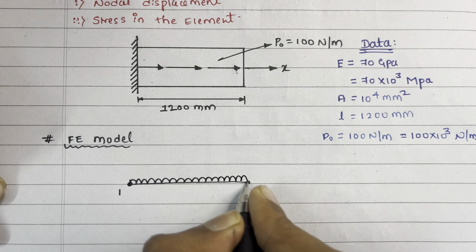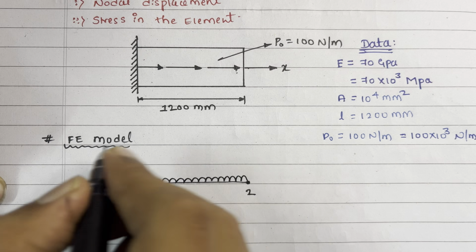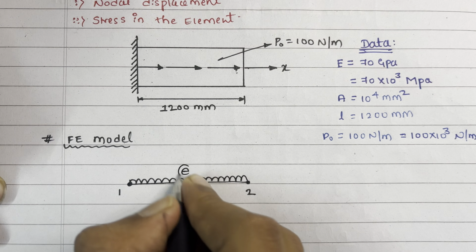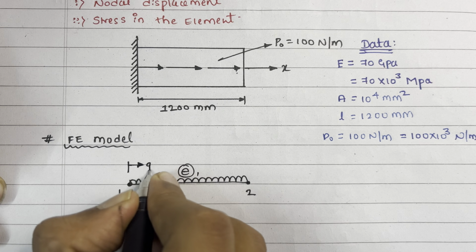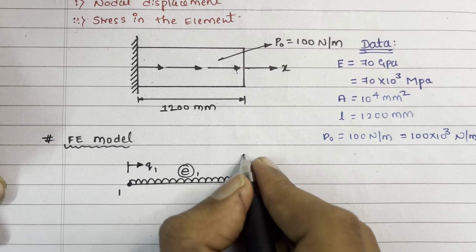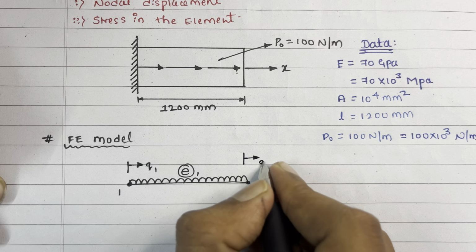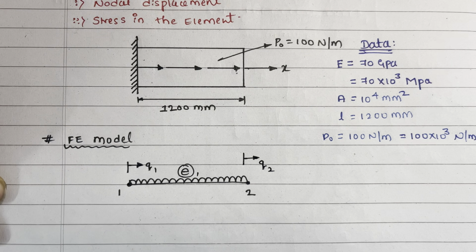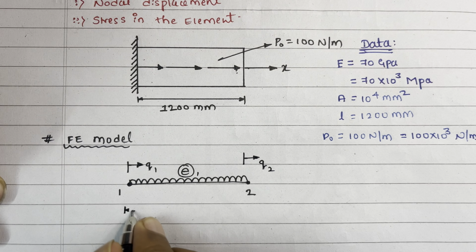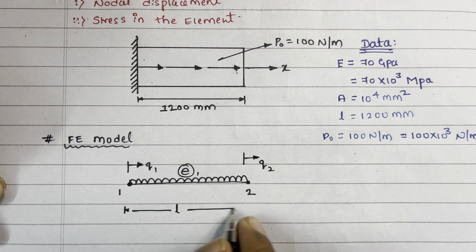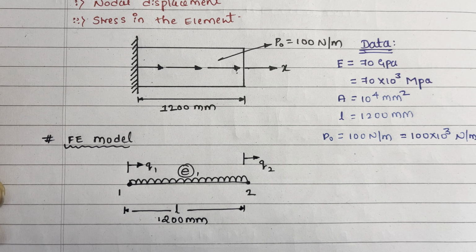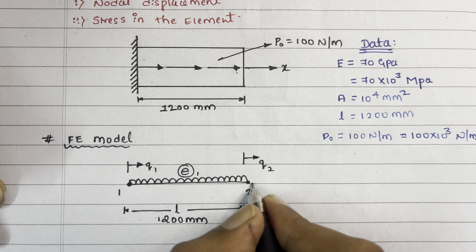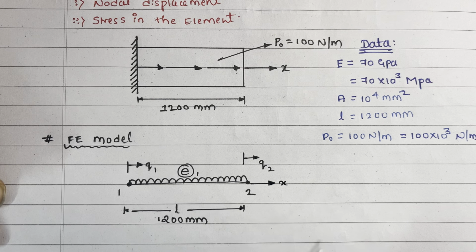This is the uniformly distributed load, that is element 1. Here we have the displacement q1 at node 1, and here the displacement is q2 at node 2. From here to here the length is 1200 mm, and this is the direction x.